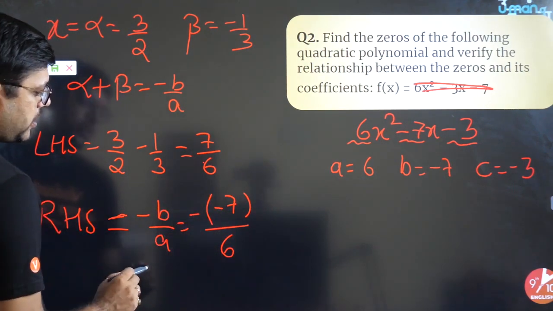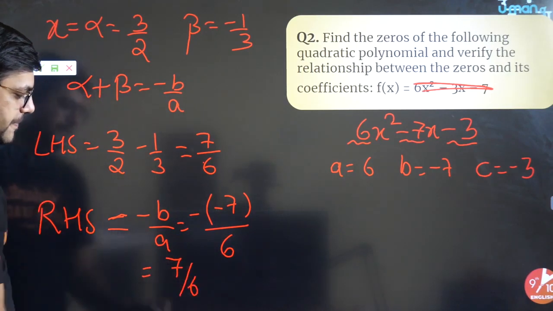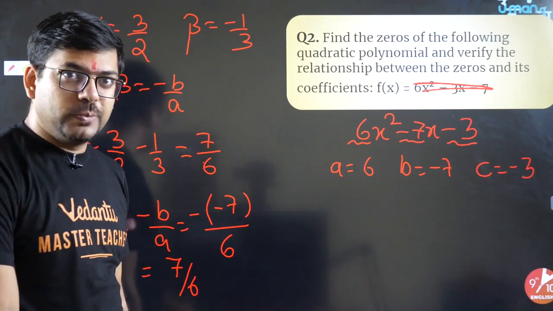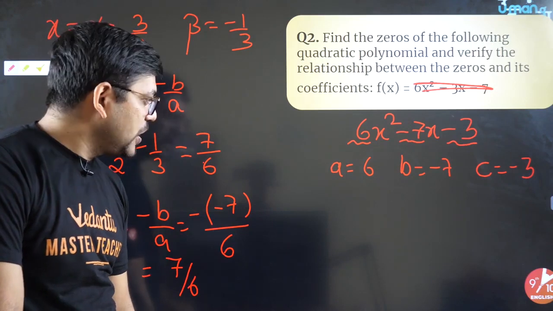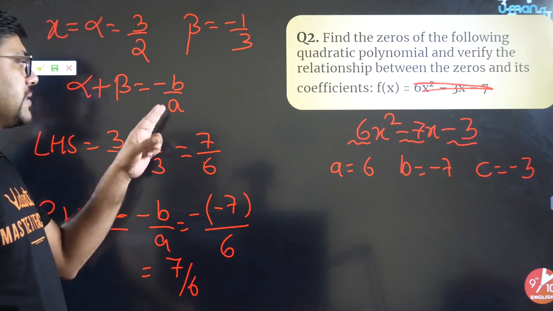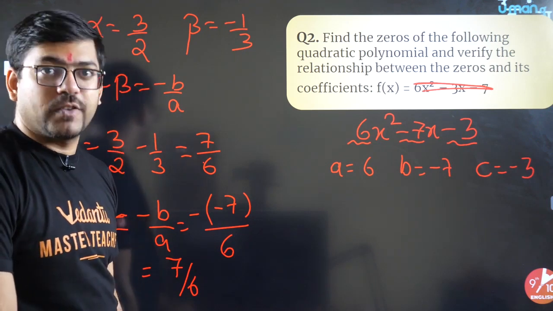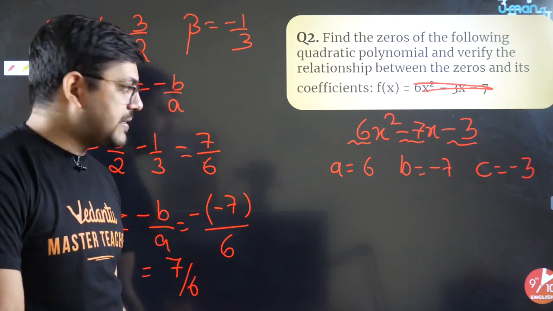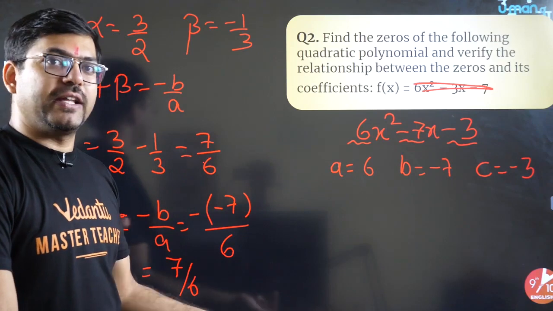Minus into minus is plus, so you have got 7 by 6. Isn't that cool? So RHS is 7 by 6, and LHS is also 7 by 6. So you can write hence proved.